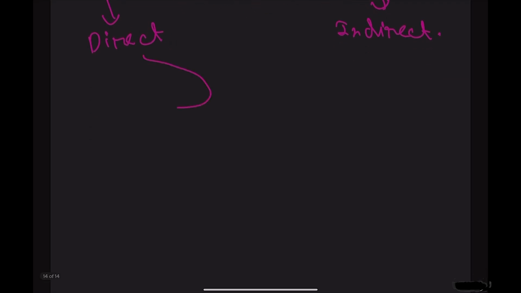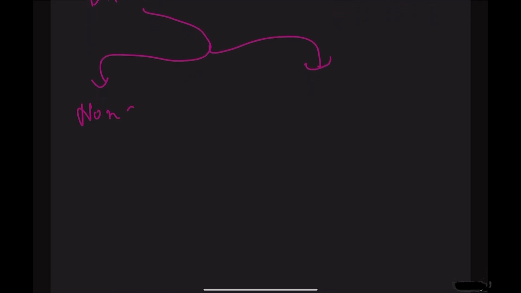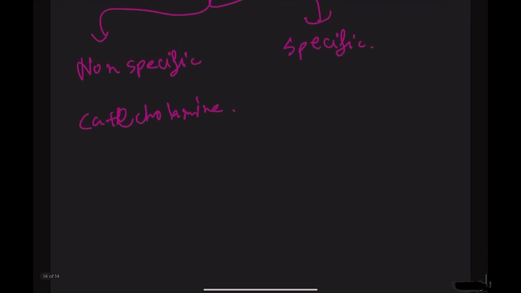Direct adrenergic agonists can again be classified into non-specific adrenergic agonists and specific adrenergic agonists. We have already talked about the non-specific adrenergic agonists. That's our catecholamines. Our catecholamines are the non-specific adrenergic agonists.